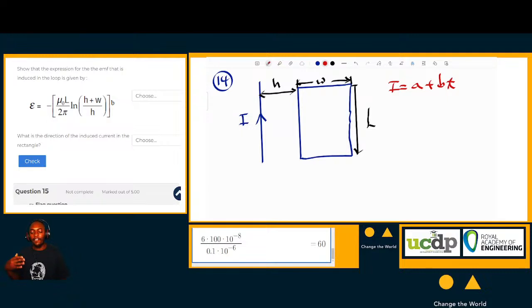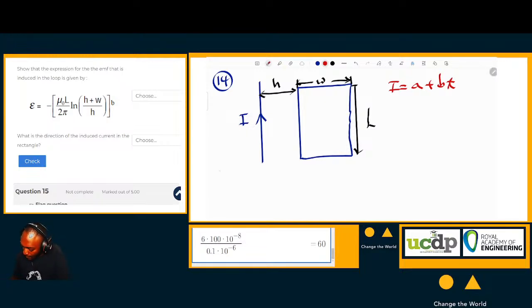If its magnitude is changing, the magnetic field around that conductor is also changing, and a changing magnetic field results in an induced magnetic field in the coil, and that will result in an induced current in the loop. So yes, we're going to induce a current in the loop. First we have to derive or show that expression in that form.